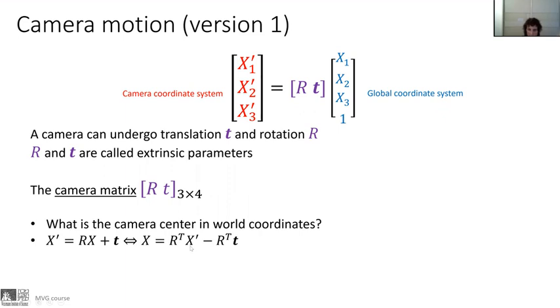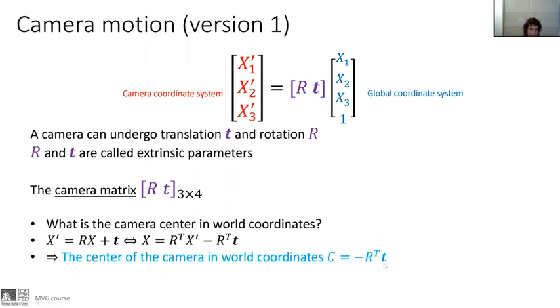Now the camera center in the local coordinate system means that x prime is going to be 0. Therefore, this is cancelled out, and I'm left with this one. The center of the camera in the world coordinate is exactly minus R transpose times T.